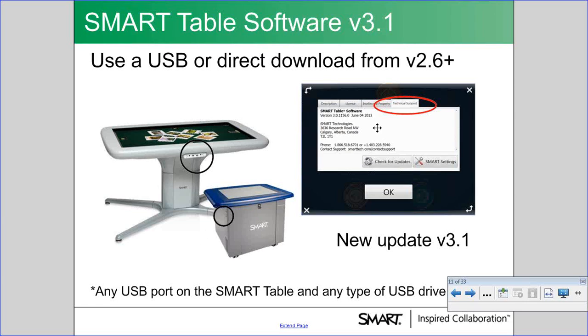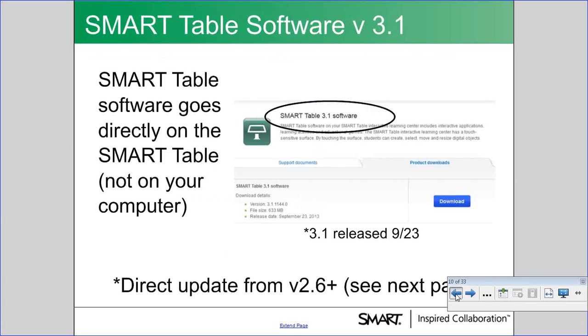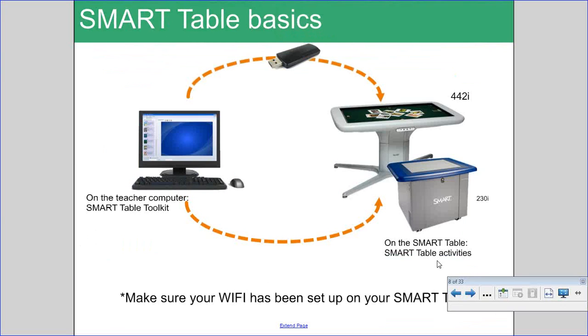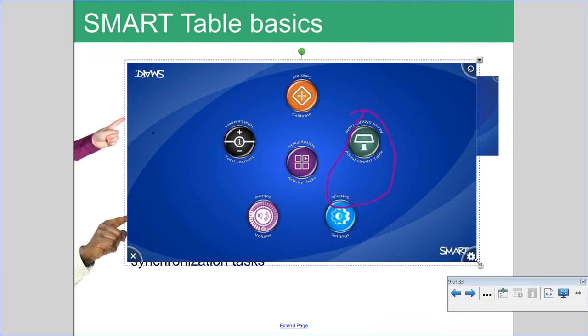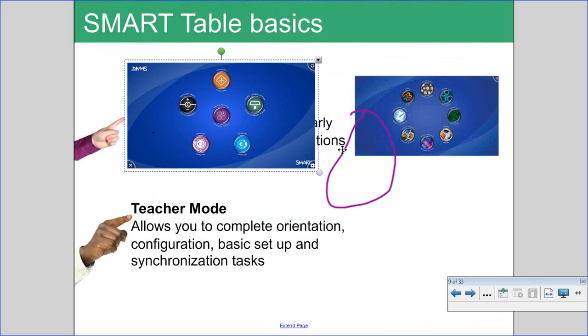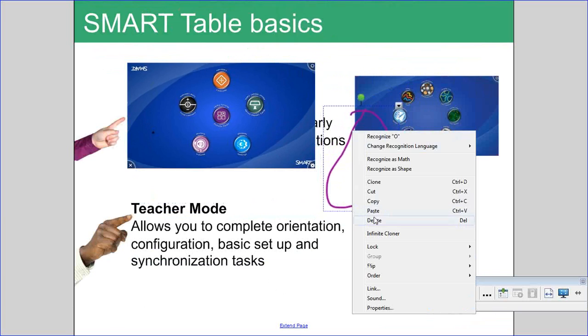A question that I get a lot is, do I need to download Smart Notebook to use Smart Notebook on these tables? And the answer is no, because the software that you're downloading has a special version of Notebook that runs within the activity pack. So if you look back here, let me minimize this and delete this.